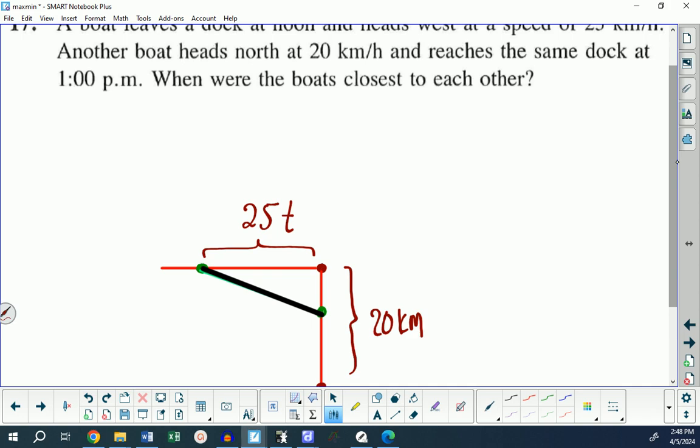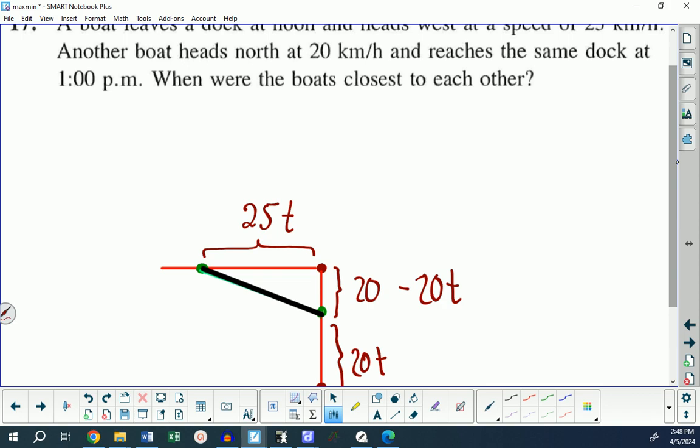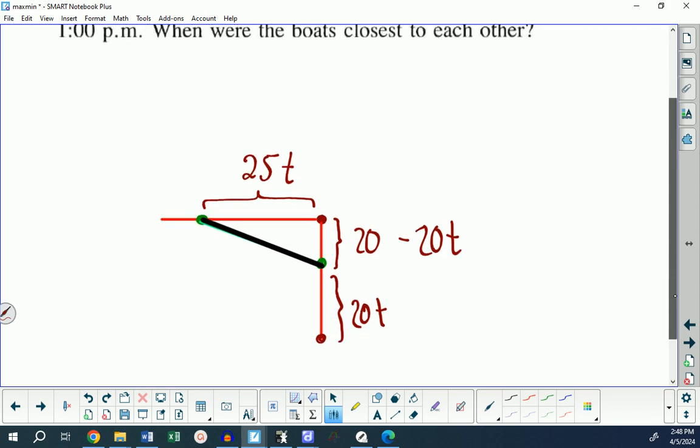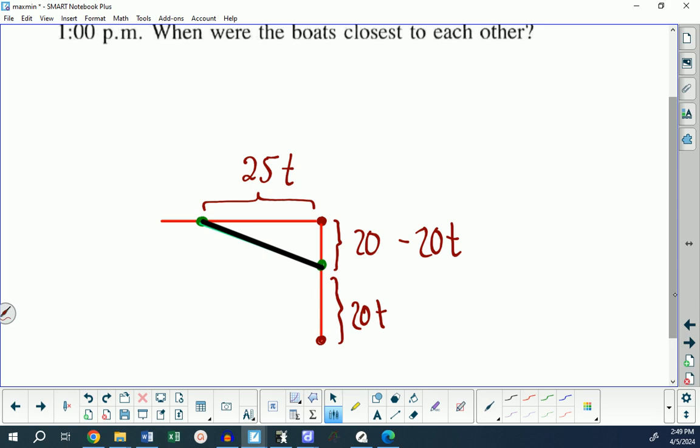And this distance here is 20 minus 20t. 20t is the distance that the northbound boat travels in t hours. So the distance above it is 20 minus 20t, because the whole distance is 20.